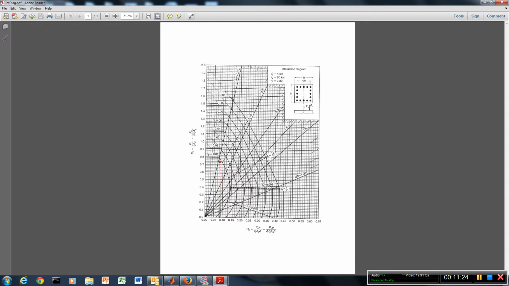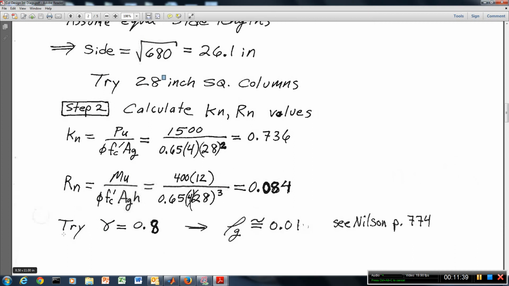So in this case, after using this interaction diagram chart, we come away from it realizing that we should use rho G of 0.01. So with gamma of 0.8, we have found rho G of 0.01.